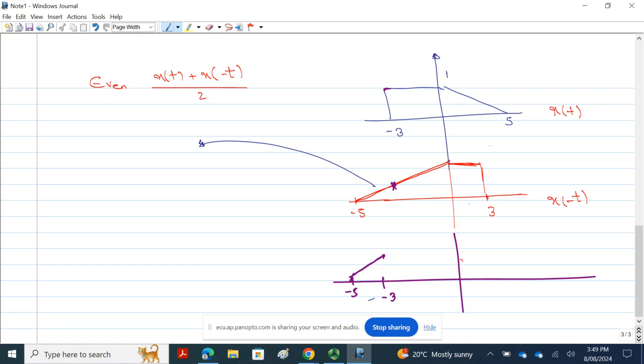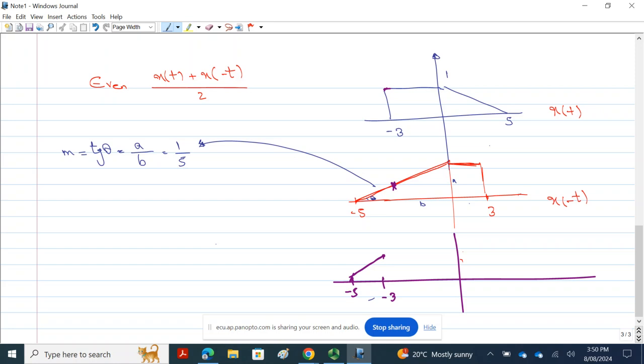So I have a triangle, and if I consider this theta, which will be my slope, if I call this A, and if I call this B, it will be A over B. Correct? Which will be equal to, what's the value of A? 1. B, 5. So it will be 1/5.